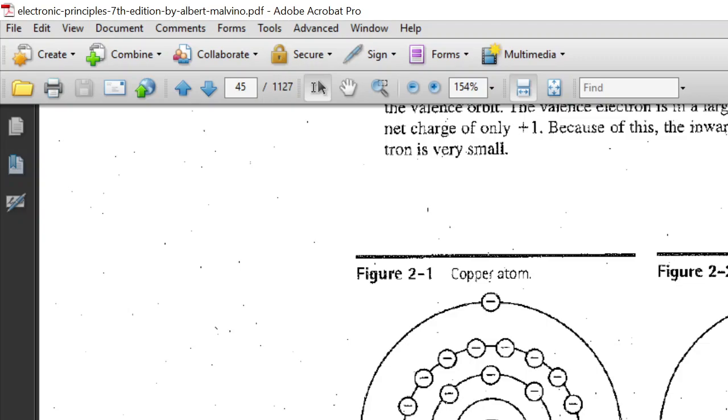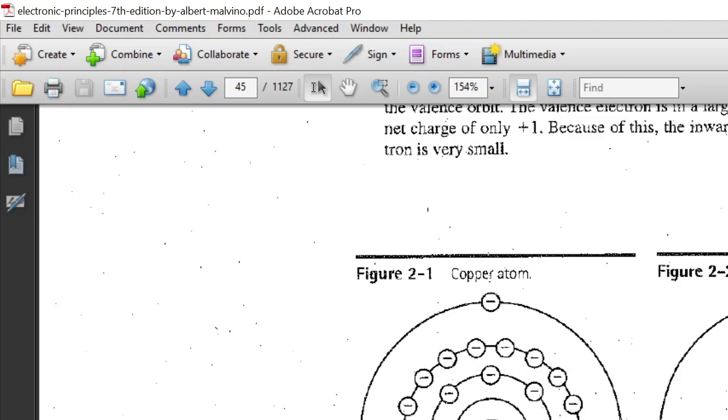And now if you apply a force from outside, an electrostatic force, by applying a potential difference across this copper, then what will happen? These electrons will get attracted towards the positive side of the potential difference.